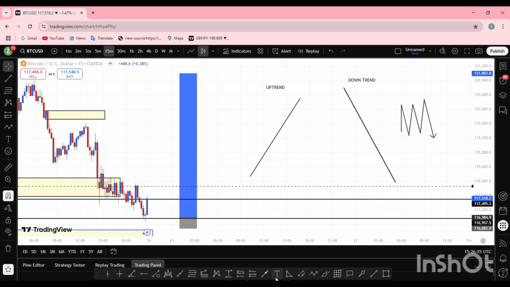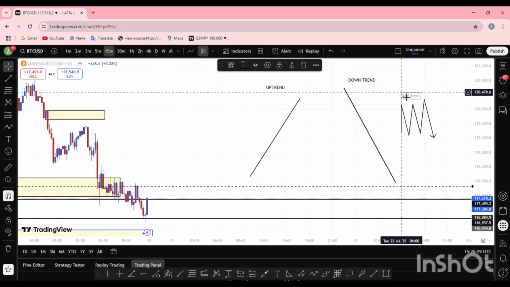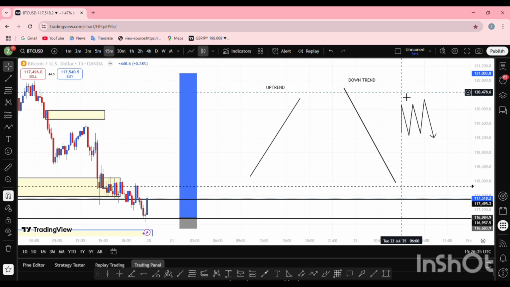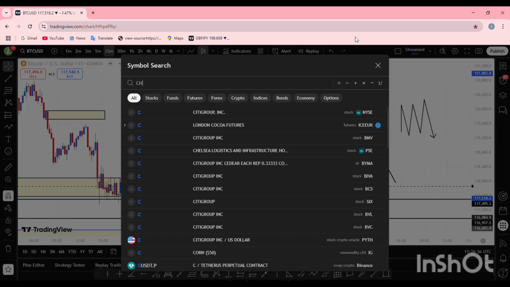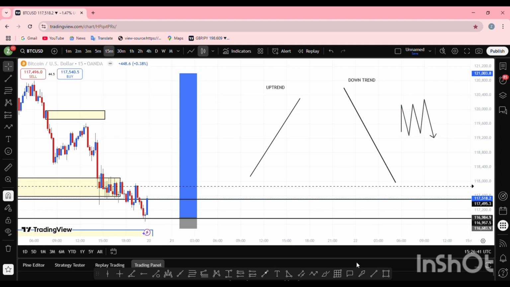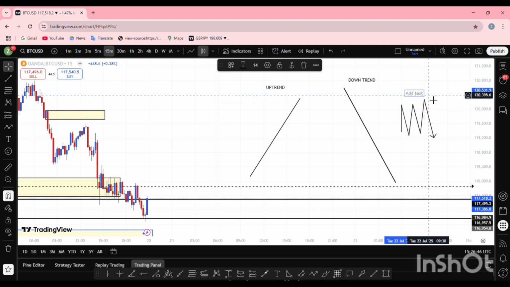For me, I avoid ranging markets. I don't trade choppy markets. Anytime I go to the chart and I realize that the pair I want to analyze is choppy, I just shift to another pair. And just to mention pairs that you want to trade: I know as a beginner we have so many pairs on our watch list. I saw someone with like 30 pairs to analyze or to trade.